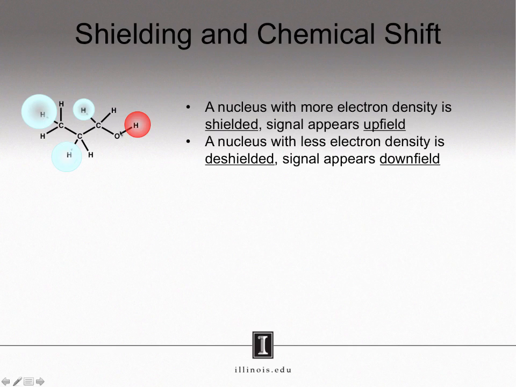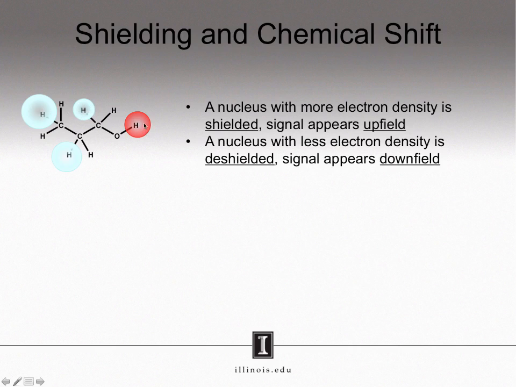This proton is very far away from this electronegative oxygen. Therefore, if this proton is losing electron density, it is losing only a very small amount of it. Therefore, this proton on the left is the most shielded of all of these. Because this proton on the left is the most shielded, it will appear furthest upfield. Because this proton on the right is the most deshielded, it will appear the furthest downfield.